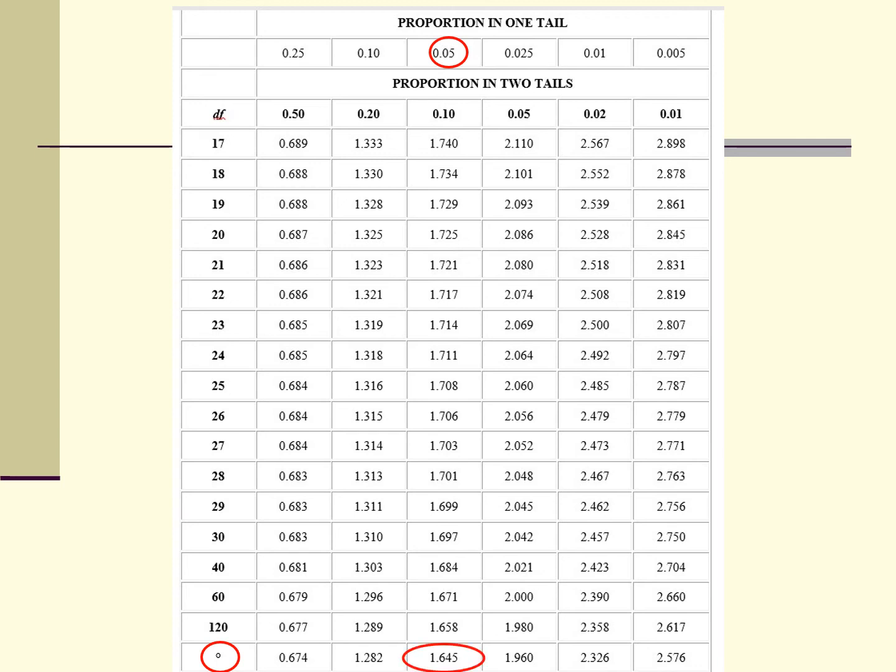Therefore, the t-critical score is 1.645, and it is negative. Do you remember for one-tailed z-test, when alpha is 0.05, the z-critical score was also 1.645? So it means they're very similar, literally the same.